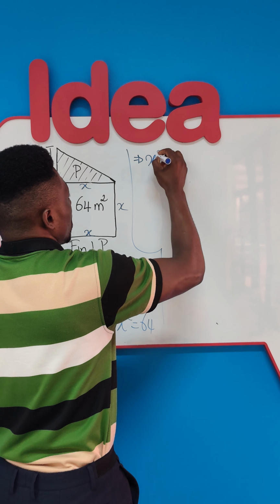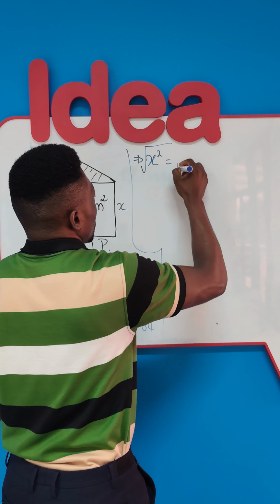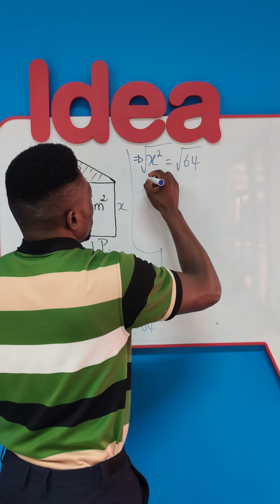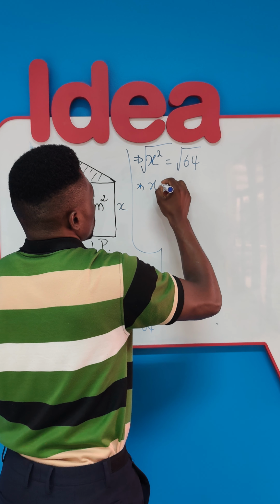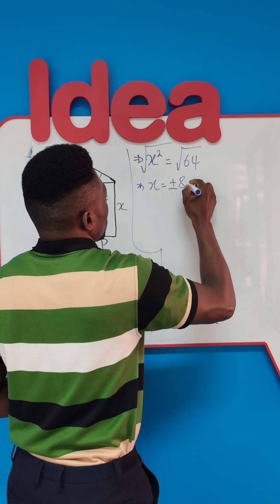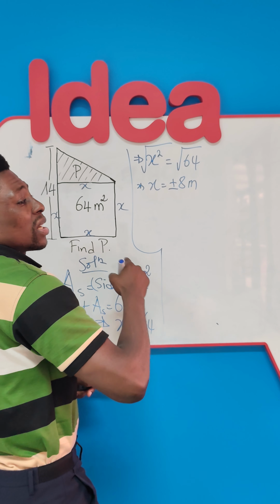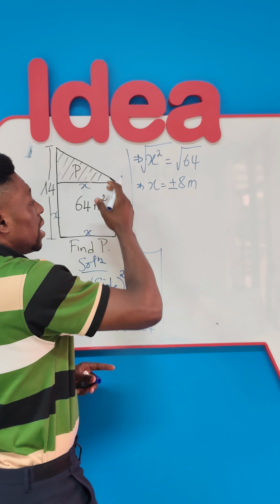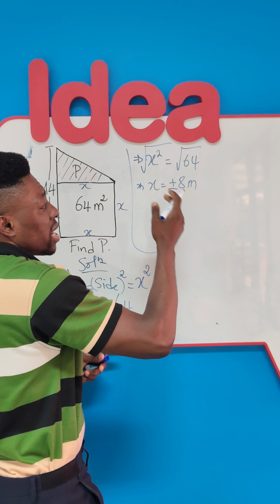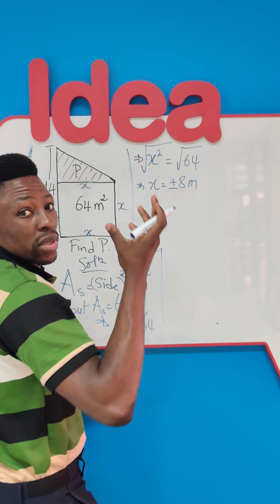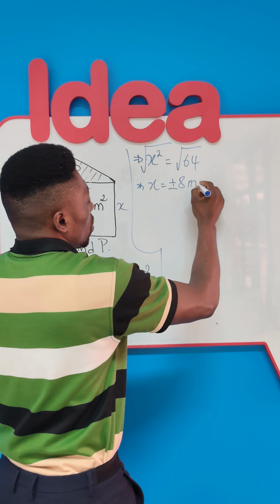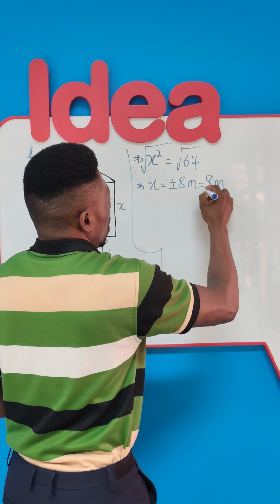Okay, so take the square root on both sides, square root of 64. So x is going to be plus or minus 8 meters. But here it is going to be 8, because we are talking about the length of a side. So length cannot be negative. We're just looking at the magnitude of this value, which is 8 meters.